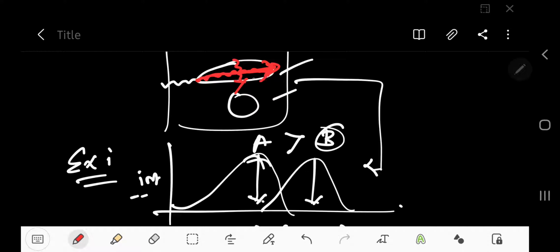When it is losing more energy, finally the emission we get will have very less energy. It means the peak will come at longer wavelength. So the B is representing the longitudinal relaxation, longitudinal transfer of energy, the photons.